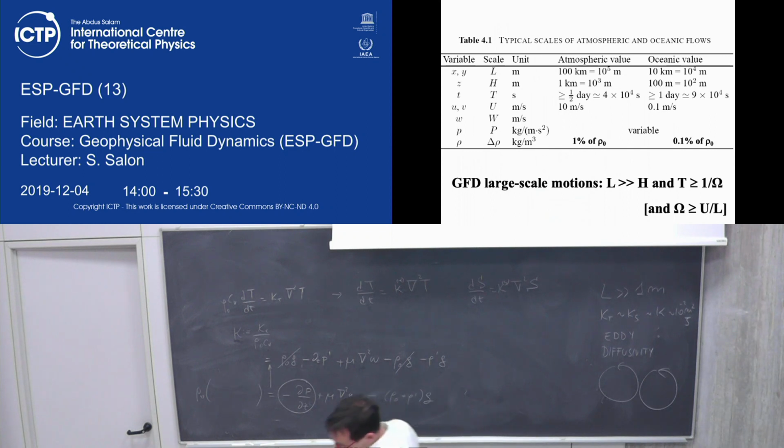we were able to approximate, to simplify some equations, but we can do a little bit more. If we look at the typical scales of atmospheric and oceanic flows, if you remember, we gave to each variable a scale. So for the horizontal length, x and y, we have the capital L, which has unit meter, and we have 100 kilometers for the atmosphere and 10 kilometers for the ocean.